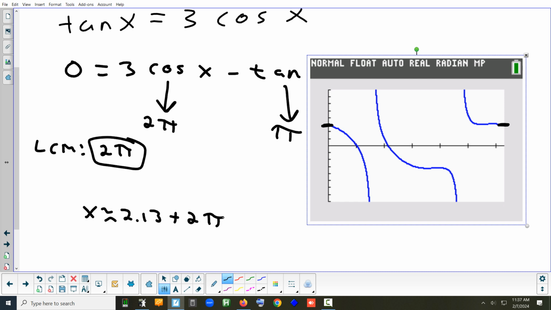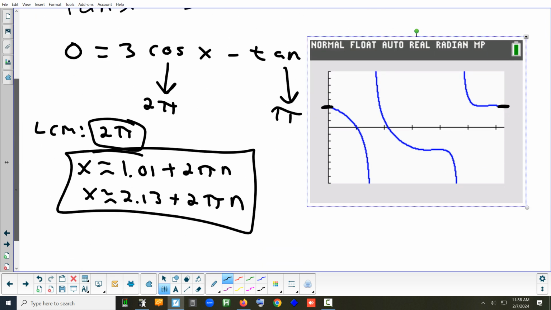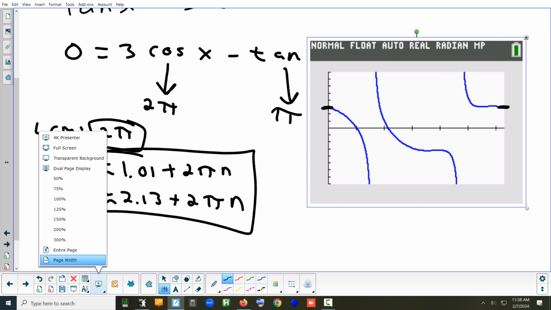Looks like it's about 1.01. And that one will repeat every 2 pi. Any question on that? Best you finish writing it down. Just the x values.